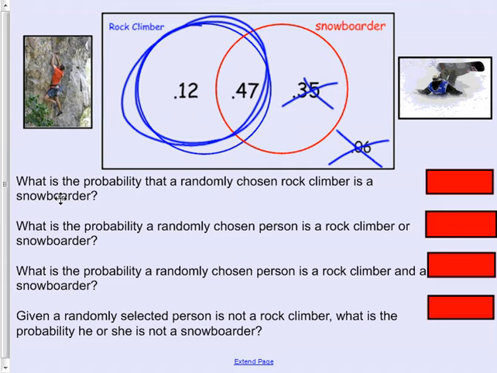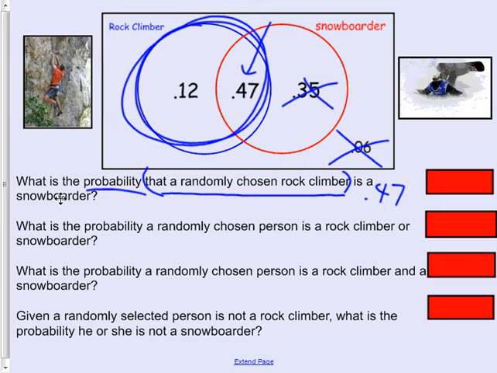We'll see. And then it says the probability, and this is a modifier, that they, this is like the noun, is a snowboarder. Okay, so snowboarder, that's right there, 0.47. I know that's important, but is it just 0.47?